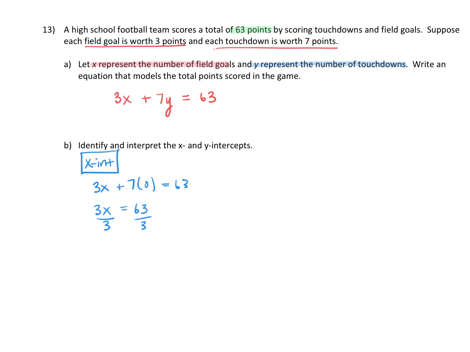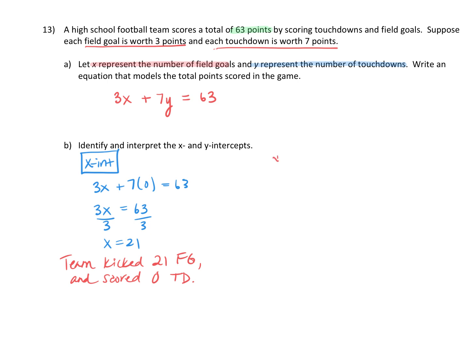Divide both sides by 3 and x equals 21. So the x-intercept is 21. Interpret that. Well, that means that the team kicked 21 field goals and scored 0 touchdowns.